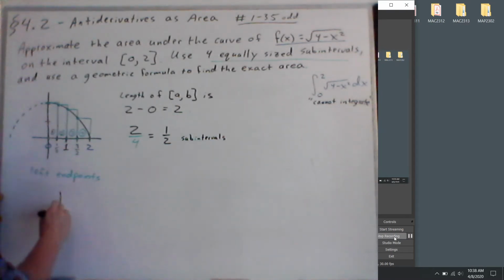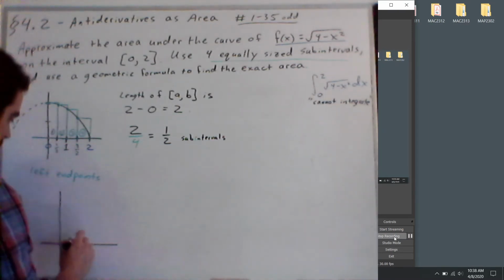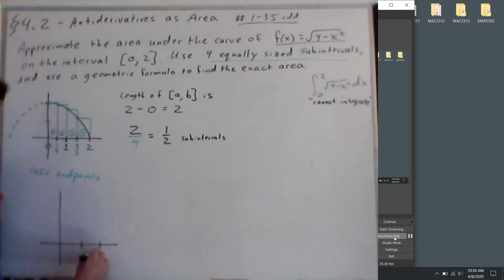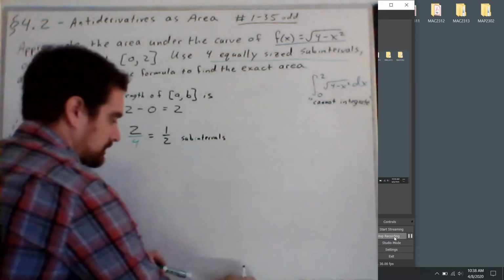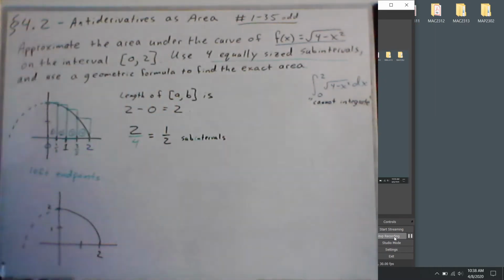Another way that we can look at this, and I'm not going to do it both ways, but we'll pick one, and you'll see neither of them will be perfect, is in terms of what we call right endpoints.